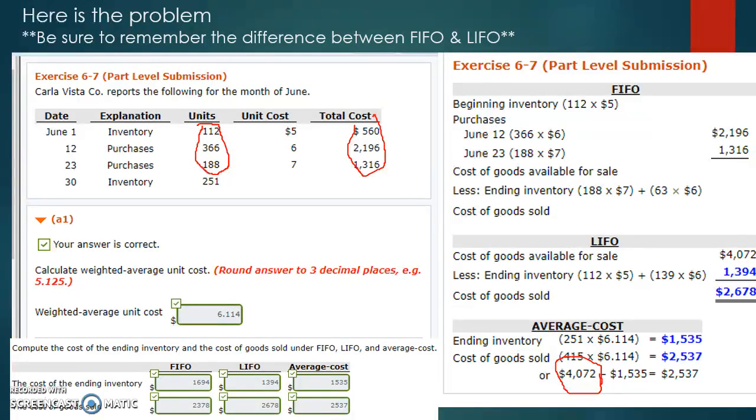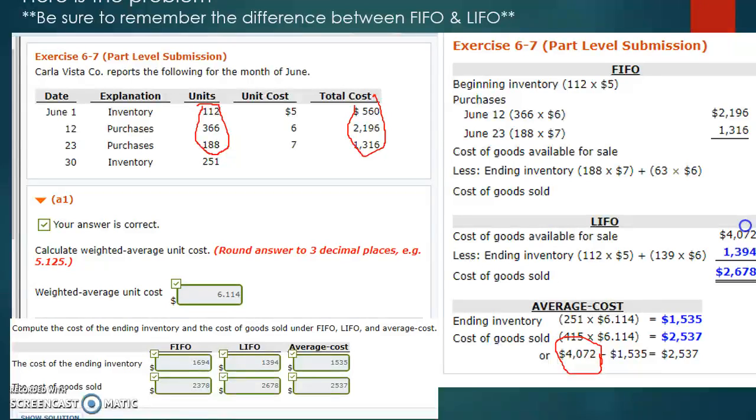Then the second part of the question has to do with FIFO, LIFO, and the average cost. This is a brief explanation of how I got these values. FIFO, which is first in, first out, assumes that the earliest goods purchased are the first to be sold, and LIFO assumes that the latest goods purchased are the first to be sold.